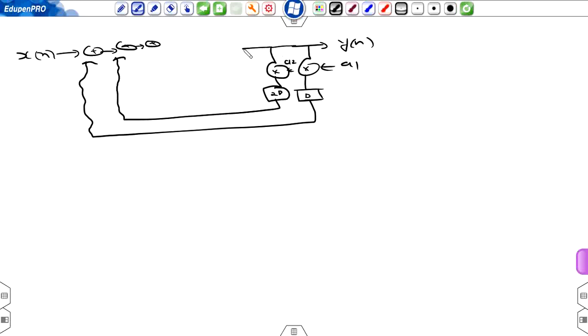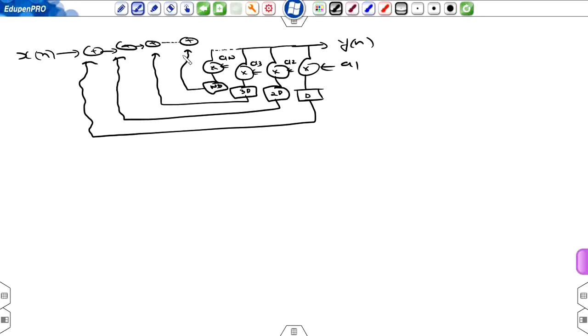The third adder: this y(n) multiplied by a3 and delayed by 3 clock cycles is given to this adder. This is the nth adder and nth branch, that will be multiplied by a_n, delayed by n cycles and given to this. And this is y(n).